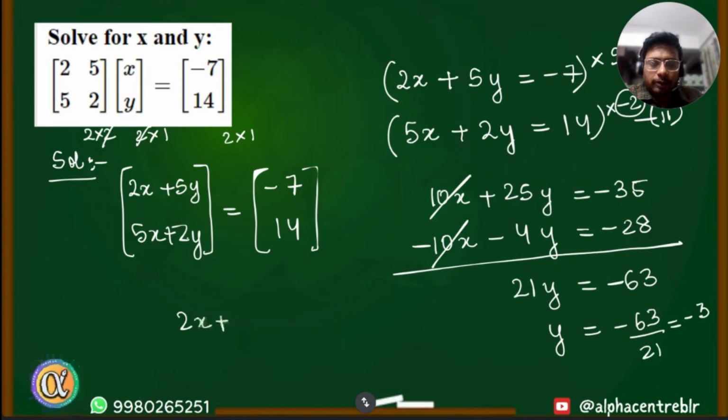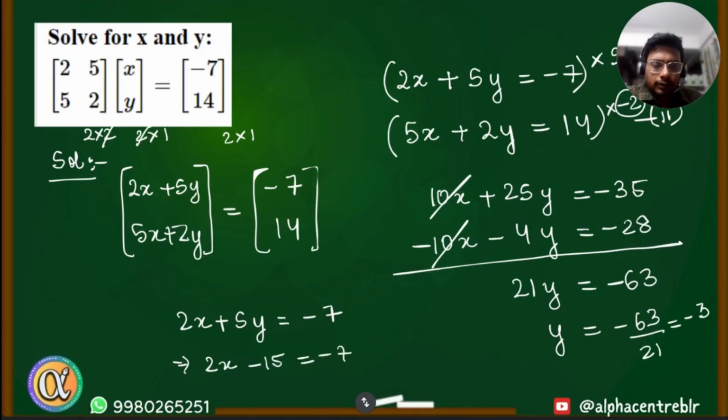2x plus 5y is equal to minus 7. 5 into minus 3 is minus 15. So 2x minus 15 is equal to minus 7, so 2x is minus 7 plus 15, which is 8, and x is equal to 4.